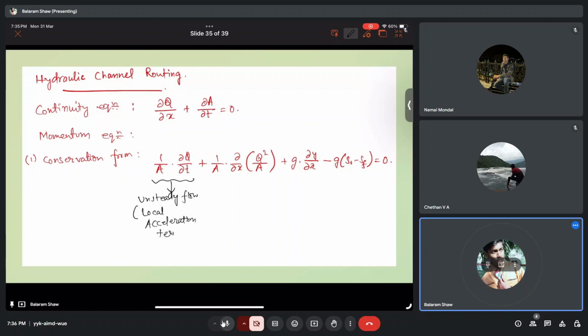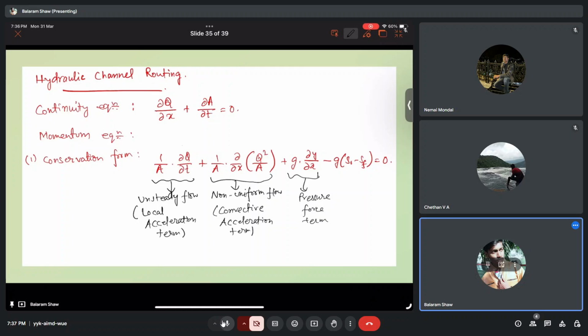Next, this one accounts for the non-uniform flow. This means it is the convective acceleration term. This g into dy dx is the pressure force term.